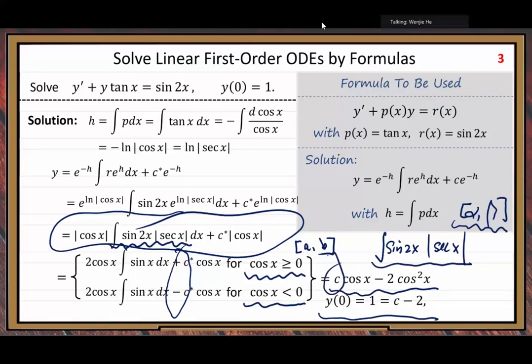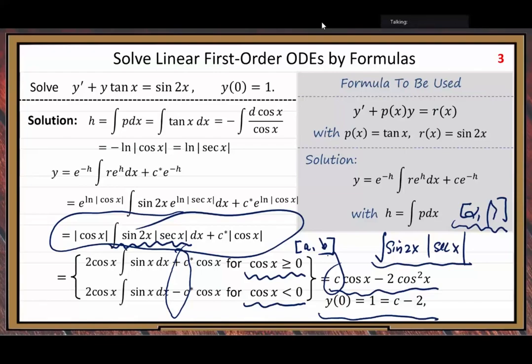Although you see two different signs for the C star constant, can we replace these two forms by one general C constant? Because this little c constant is arbitrary, it could be positive, it could be negative, so this little c constant covers both cases.